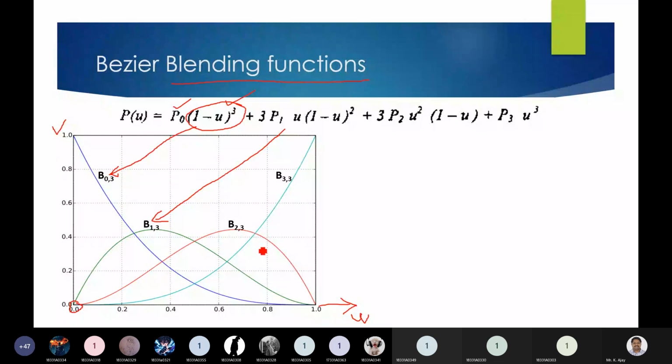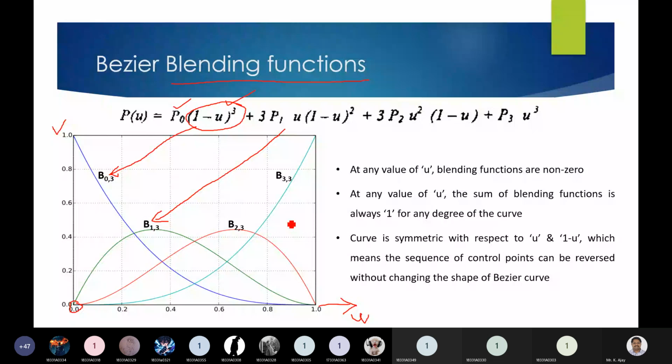From the blending function, I can understand that at any value of u, blending functions are non-zero, except at u is equal to 0 or 1, all blending functions have certain positive values when u is varying from 0 to 1.